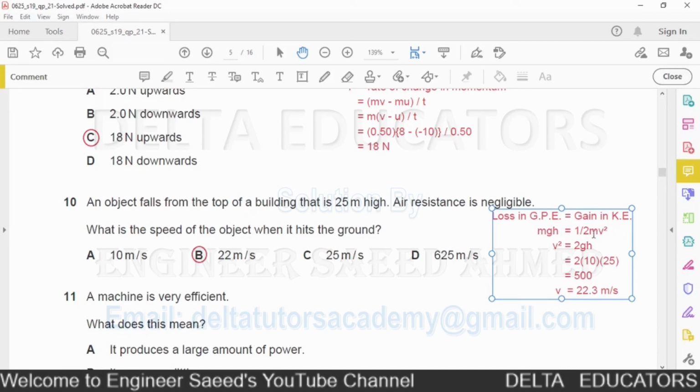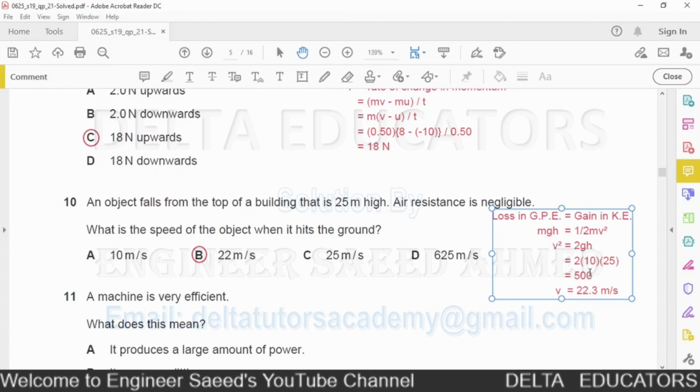By rearranging, we get v square is equal to 2gh, where g is gravitational field strength and h is height. Now the value of g is 10 and the value of h is given here as 25. So v square will be equal to 2 multiplied by 10 multiplied by 25. It will be 500. So v square we got 500.